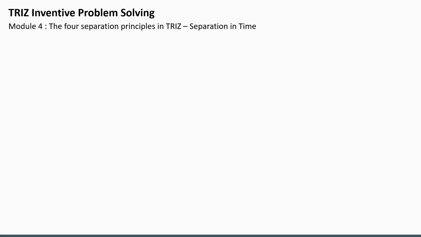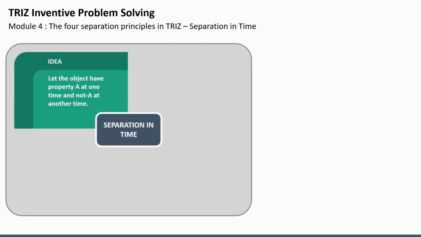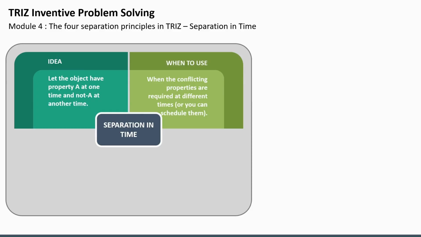Separation principle, which is separation in time. So what is separation in time? Separation in time as an idea calls for having a property called A at one time, and the same A should not be available at another time. This is what we call the idea of separation in time. And when do we use it? When the conflicting properties are required at different times, right?